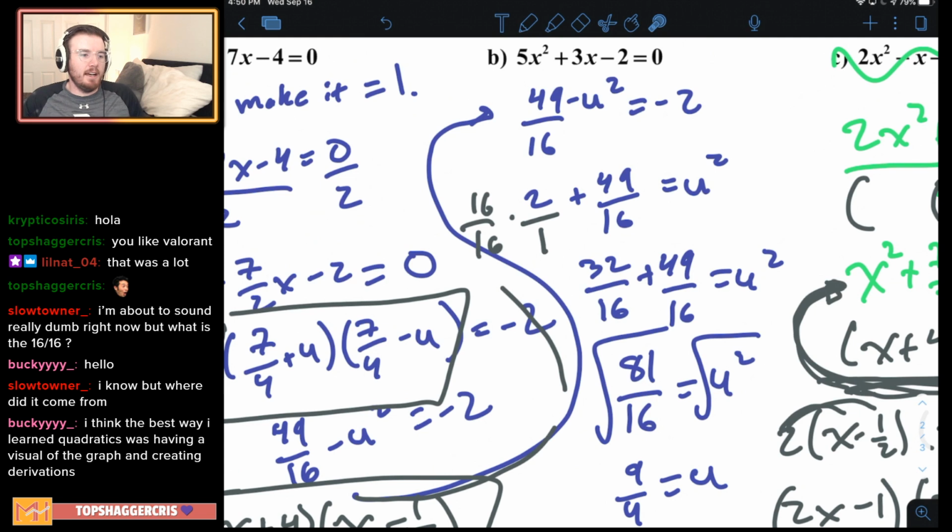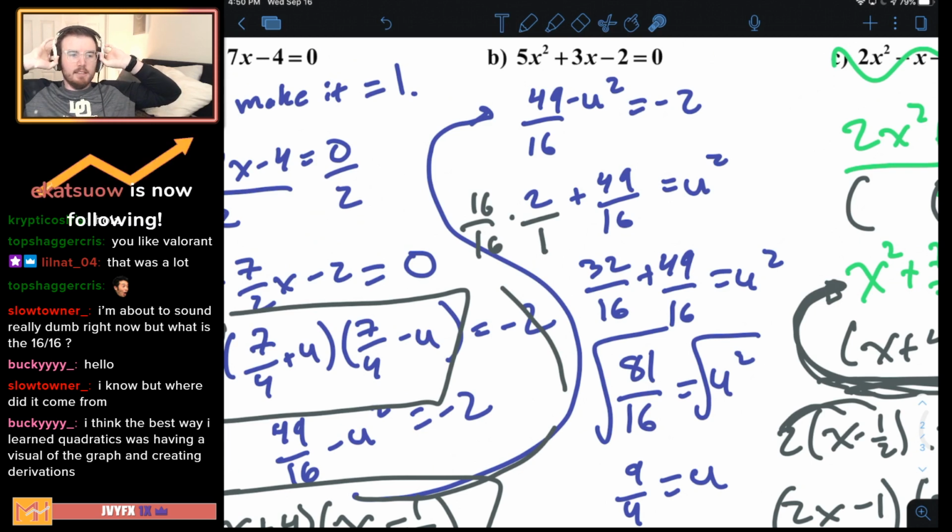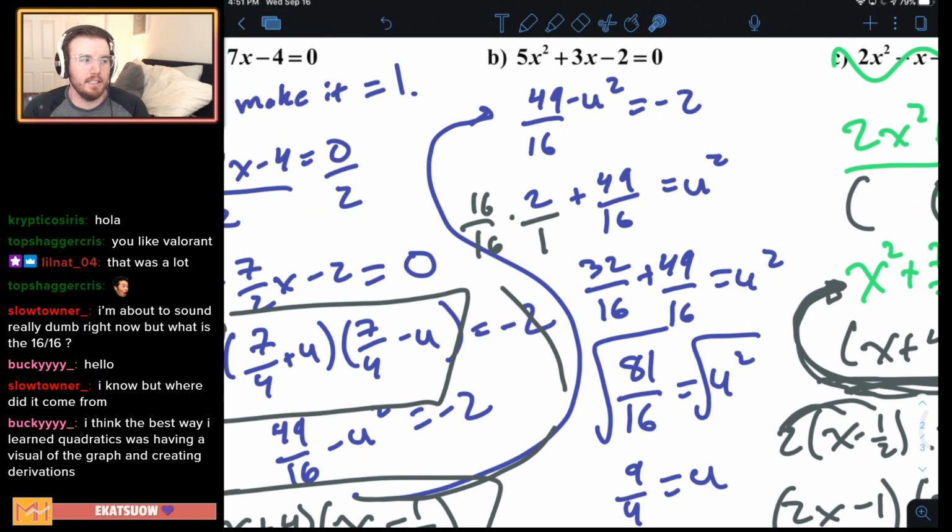I think the best way I learned quadratics was having a visual of the graph and creating derivations. Thanks for the follow. I think having a graph is definitely great, but if we're in a situation like an ACT portion where the graphing calculator is not allowed, or you don't have a graphing calculator.